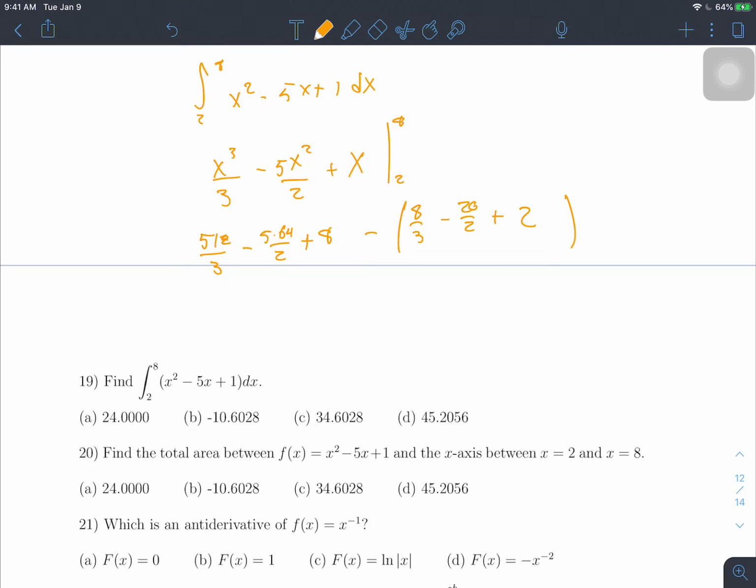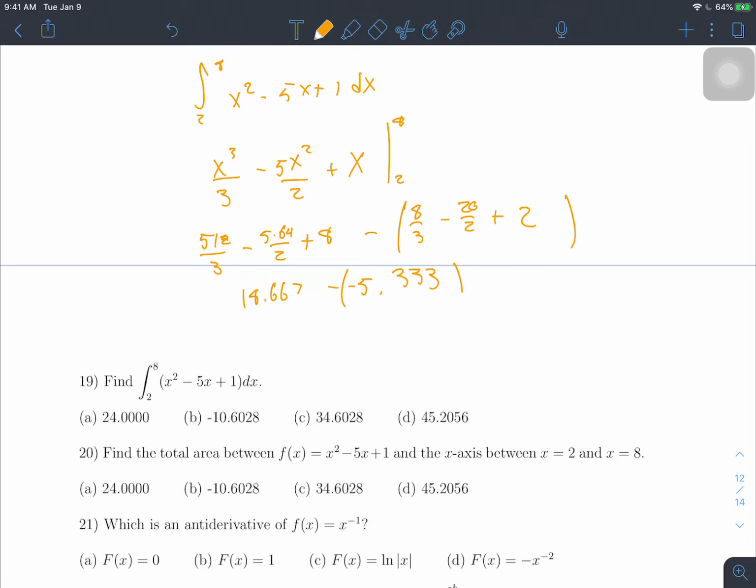Okay, so this will be 170.666 minus 5 times 32. And we'll add 8 to that. I'm getting 18.667 minus 8/3 minus 10 plus 2 minus negative 5.333.